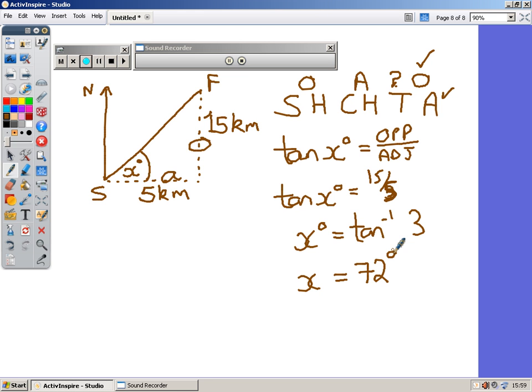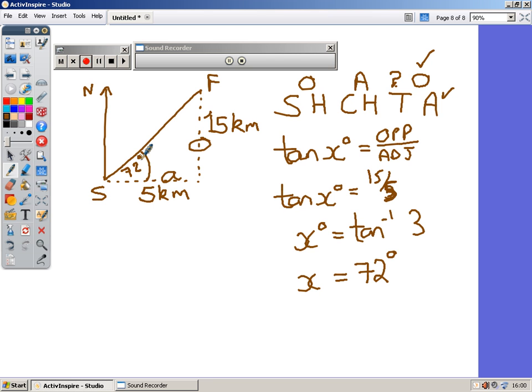So this angle in here is 72 degrees. So how can you describe where Mark is compared to where he started?